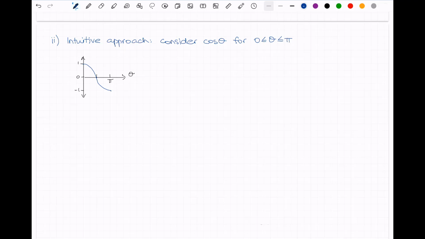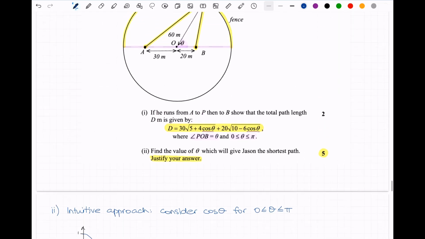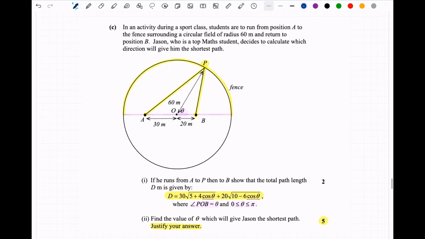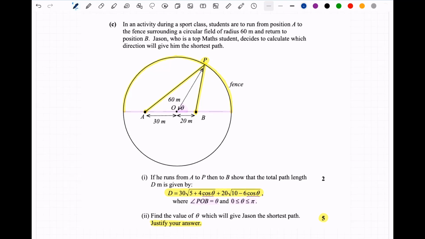And I notice that the cos curve hits its minimum value in this domain at pi. So it would be fair enough to think perhaps pi is the value of theta that will make the distance the shortest.